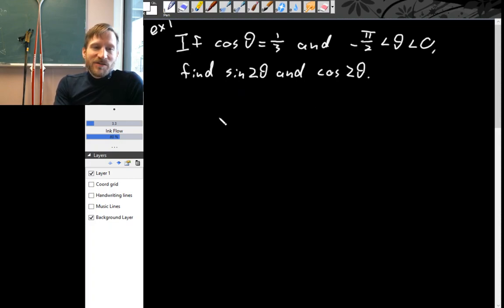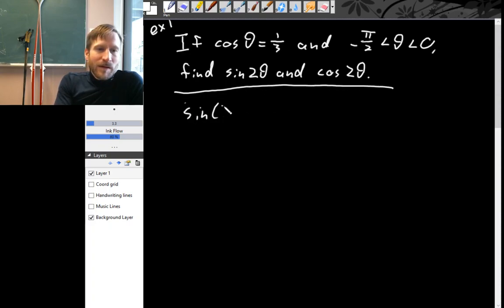Let's start with sine of 2 theta. Well, I hope that, given what we just saw, this makes you think, hey, let's use the double angle identity for sine. And remember, the double angle identity for sine is sine 2 theta is 2 times sine theta times cosine theta.